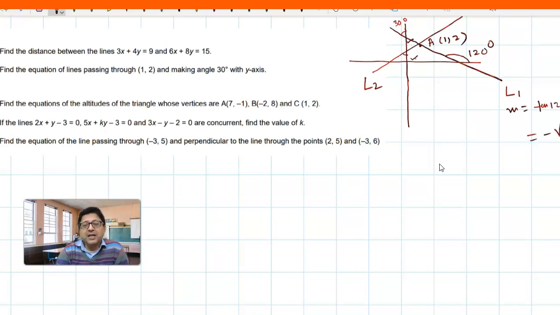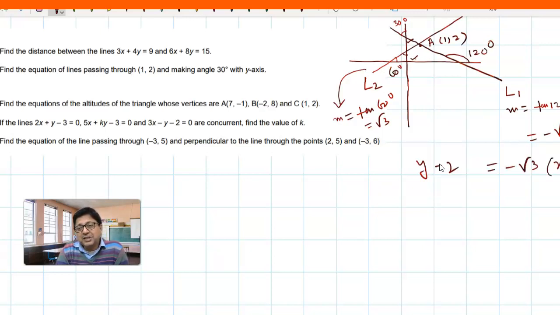What is the slope of this line, L2? Slope of this line is equal to tan. If this angle is 30 degree, this is 90, this is going to be 60 degree. So it is tan 60, which is nothing but root 3. So the lines in the two cases will be y minus 2 equal to minus root 3 into x minus 1.